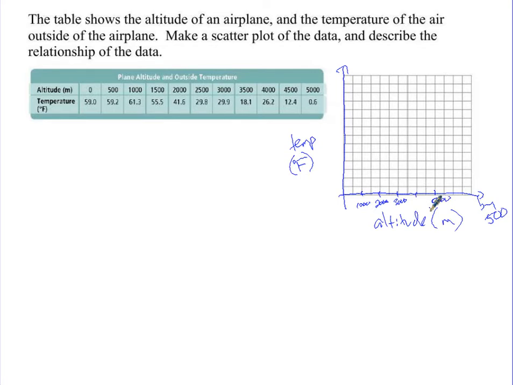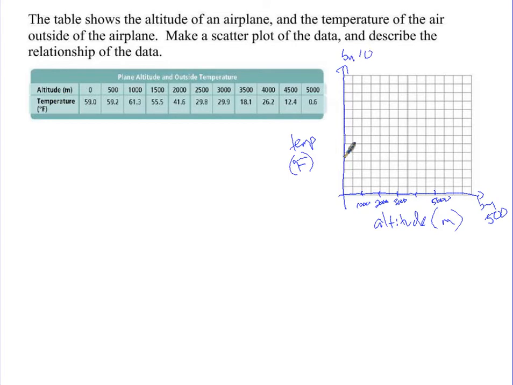Now a scale for the temperature axis. What's our highest temperature? 59 degrees. What's our lowest temperature? 0.6, just about 0. So again, I can't break the graph here. I have to go all the way to 0. I have to go at least to 59, so probably more like 60. What's going to be a good scale here? Tens, yeah.